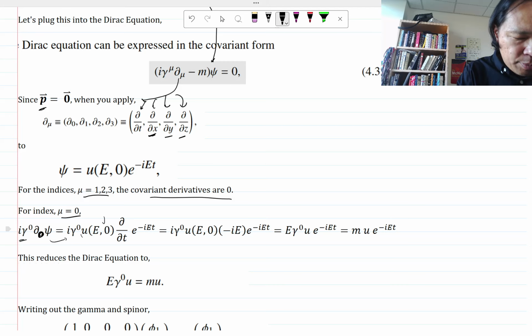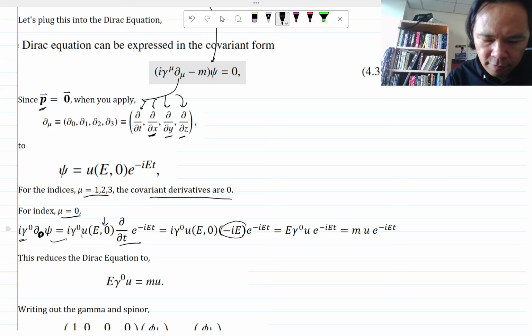The spinor part does not depend on time, but the e to the minus i E t part does, so we have to do that derivative. When we do that derivative, we bring down a factor of minus i E. We're going to factor out that i E, and then combine these two i's: i times minus i equals 1.